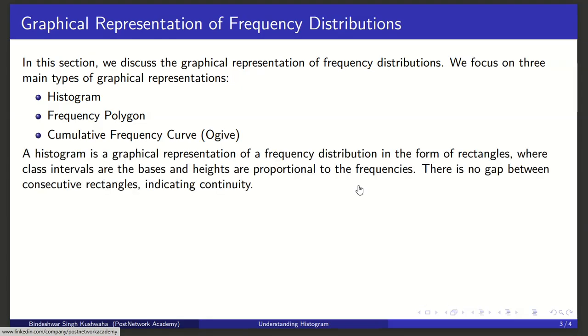So let us understand what is a graphical representation, which is called histogram. A histogram is a graphical representation of a frequency distribution in the form of rectangles like bars, but there is a difference: class intervals are bases and heights are proportional to the frequencies.